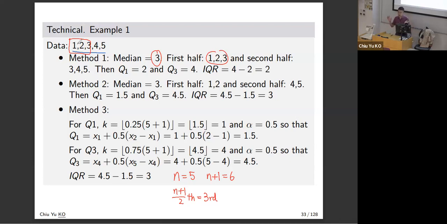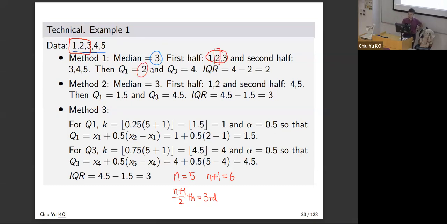Just to repeat the statement, n is 3 here, 3 plus 1 is 4, 4 divided by 2 is 2, the second data point. So it's 2 here. Maybe I should use another color to signify this. I should be a little more consistent: blue is here, and I use red here. The middle guy is the 2, right?